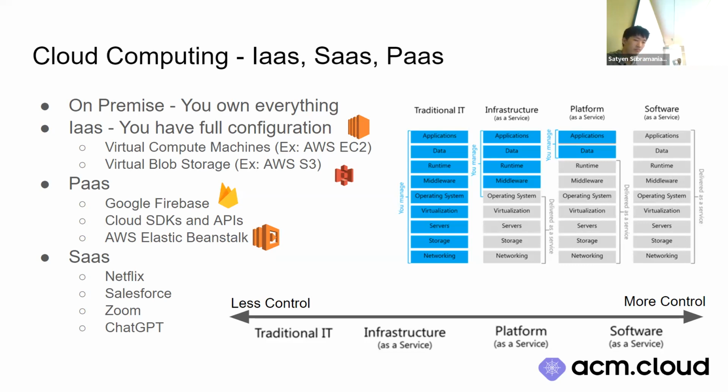This is basically as close as you're going to get to having full control over the hardware, but still on the cloud. You can't walk into an AWS data center and just turn off the server or anything, right? So these are basically virtual machines. Something like Amazon Web Services EC2, where you effectively are running a computer that you can access through the terminal, install what you want, leave what you want, restart it, whatever.